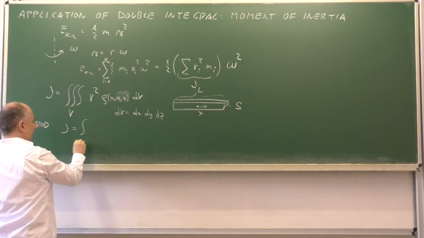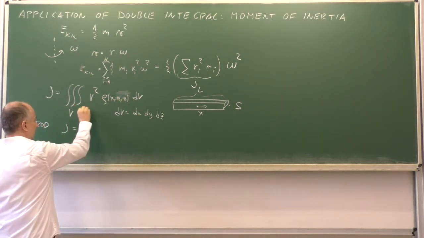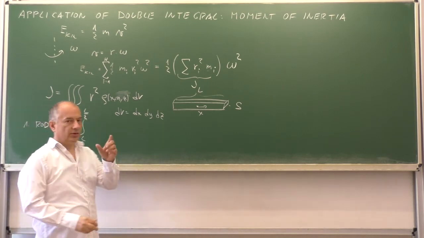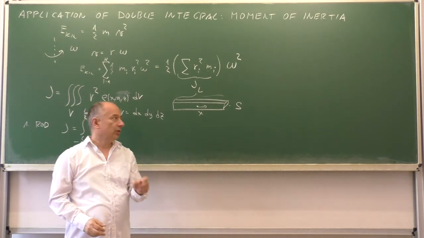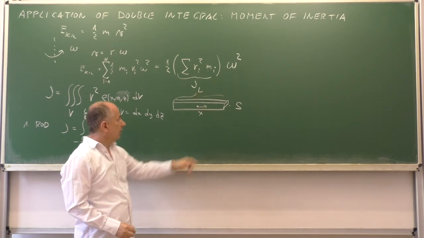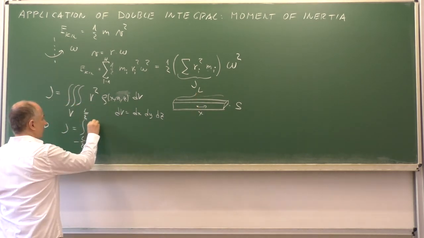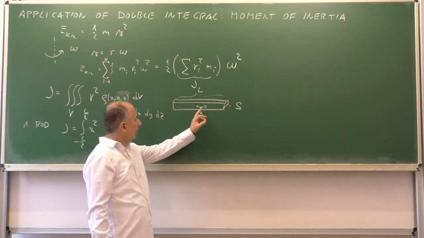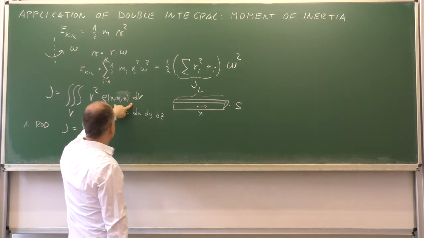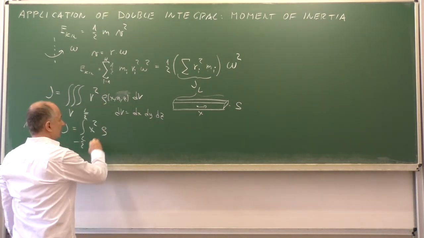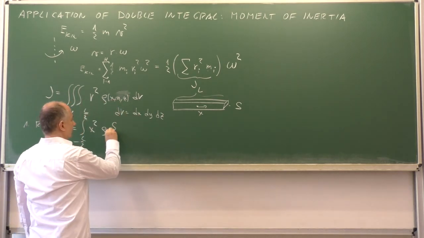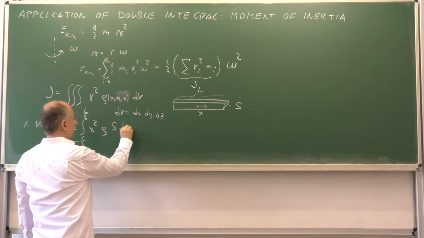So that will be the integral from minus L half to L half of r squared. This is the square of the distance from the axis of rotation, but if the axis of rotation goes through the center, then r is x, so we have x squared, times the mass of each little piece, which is the density, times the volume. And volume is the surface of the cross-section times dx.